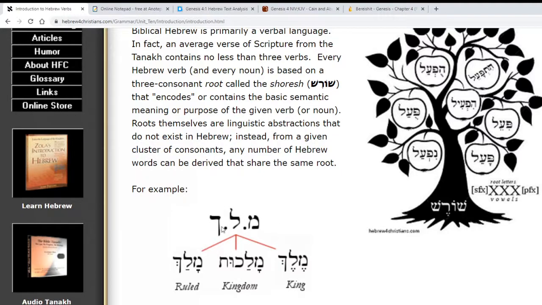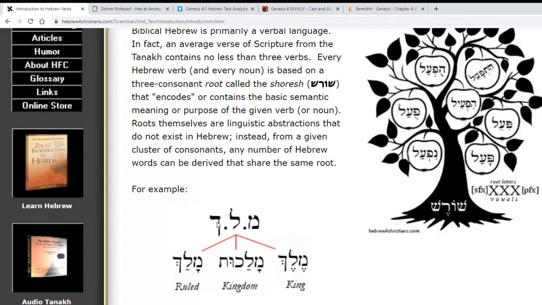Now he uses the chaf sofit here. I don't know where the convention comes from to put the dots between the letters which make up the three-letter root, but that's also a convention.